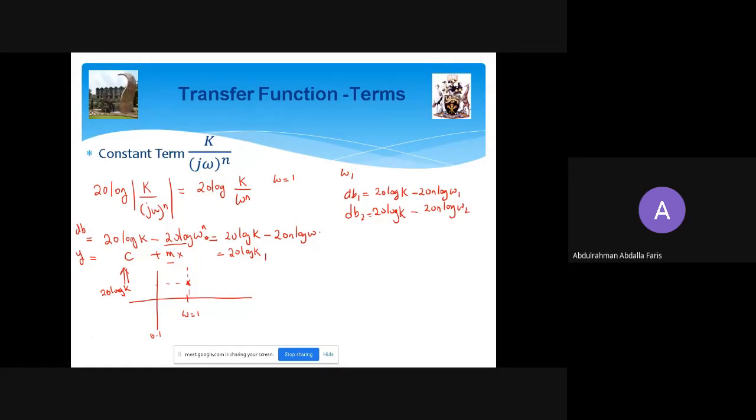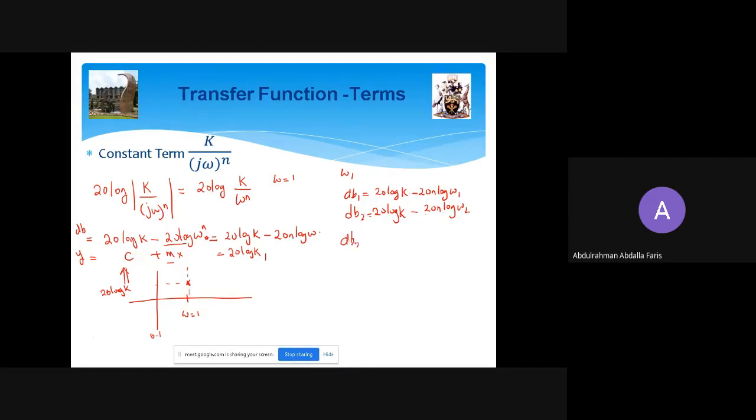Why are we doing that? I just want to show you the next part of that line. We know that at omega equals 1, we have a point which is 20 log k. So dB1 is equal to that, and dB2 is equal to that.